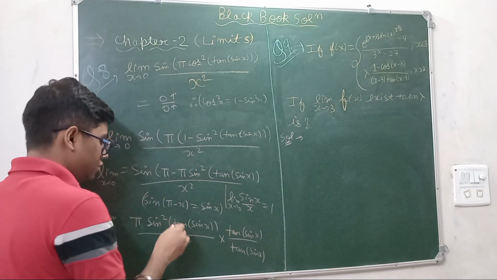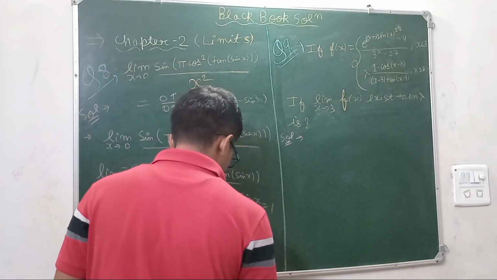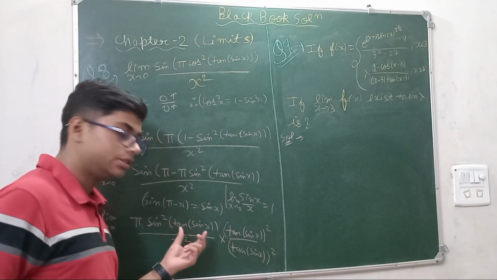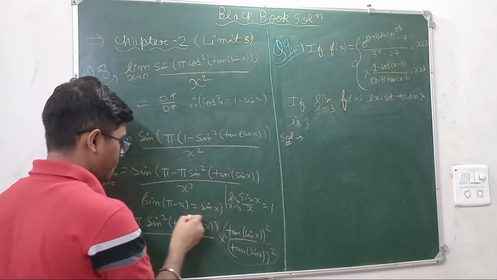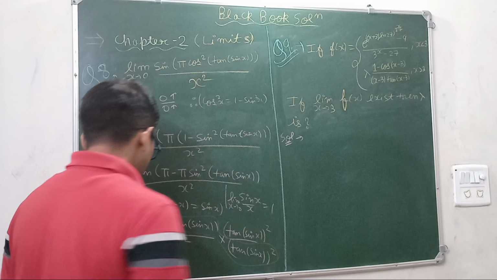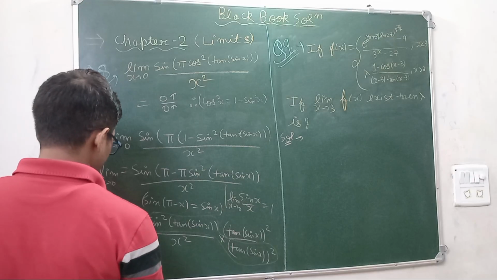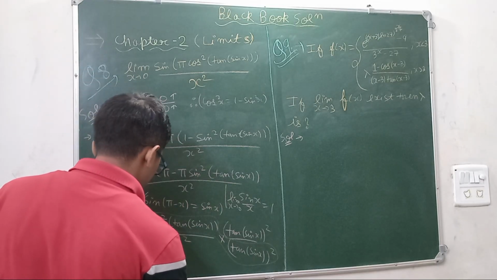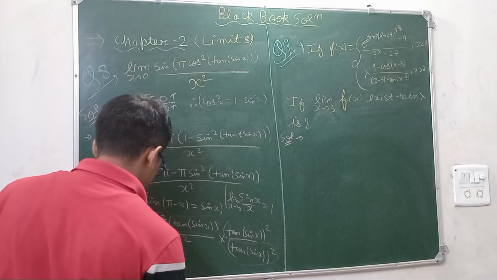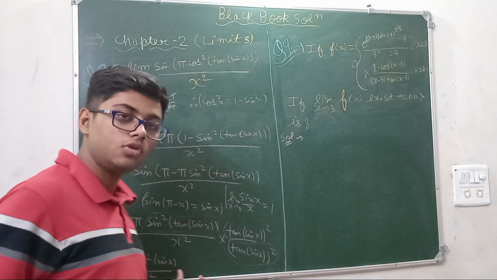We have to square this first of all, because sin square is there, so this whole will become 1. And we are left with limit x tends to 0 of pi tan²(sin x) upon x².